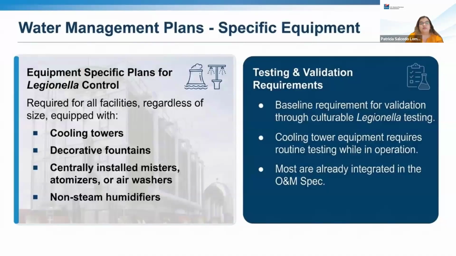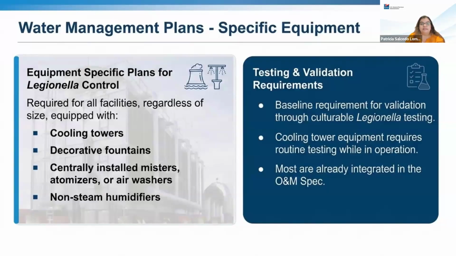The water management plans also include items for specific equipment. There are specific plans for equipment for Legionella control, required for all facilities regardless of size, if they have a cooling tower, decorative fountains, centrally installed misters, atomizers, or air washers, or non-steam humidifiers.